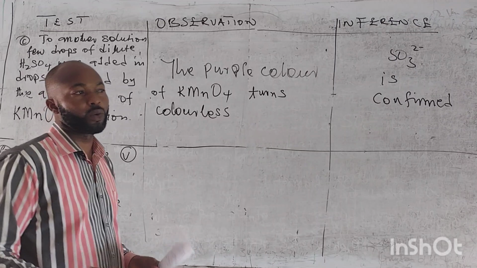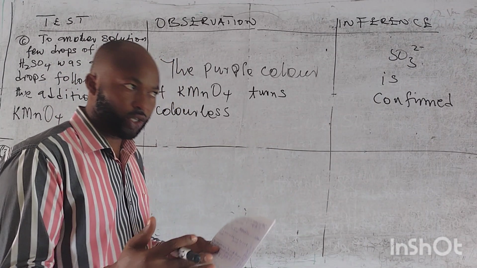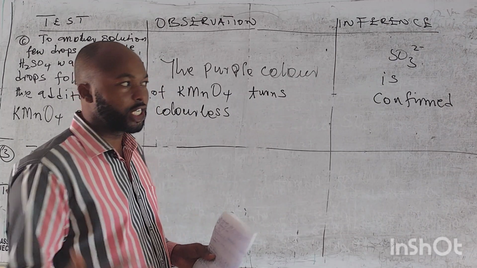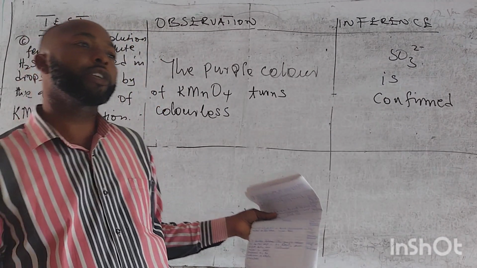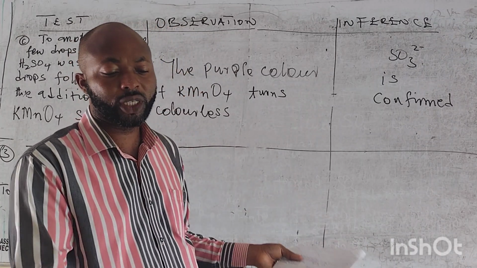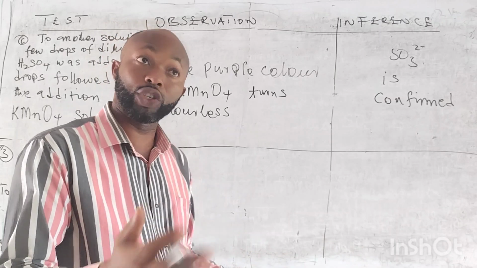You should know the various tests and the observations you get for all the anions. If I ask, for example, how do we test for SO4? You tell me to the solution or the sample given to you, add aqueous barium chloride. What do you get in observation?